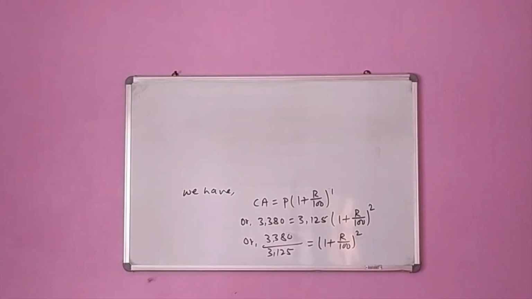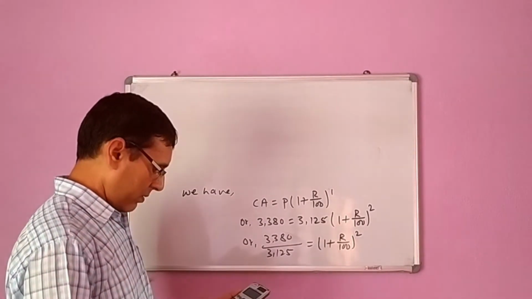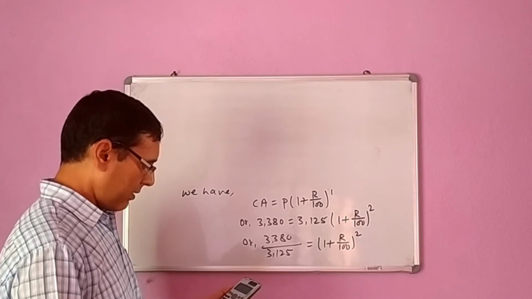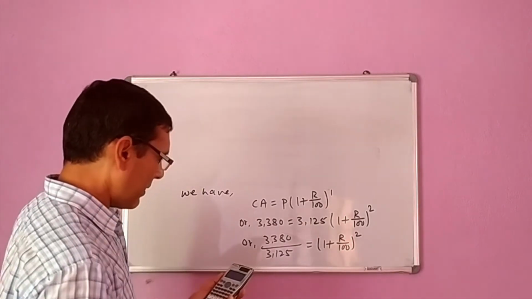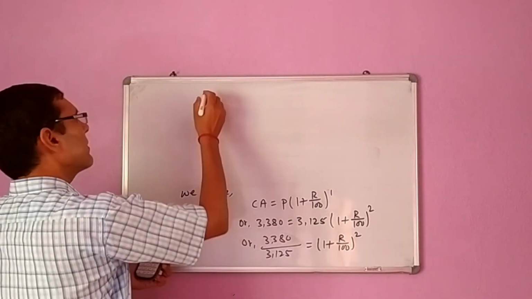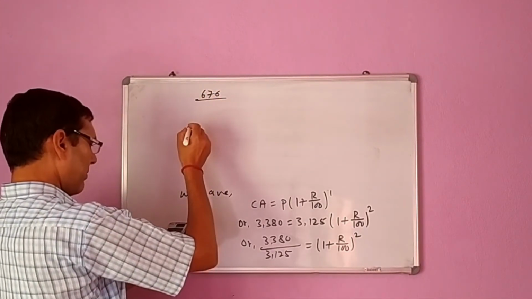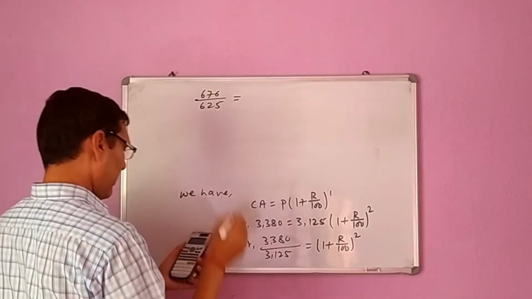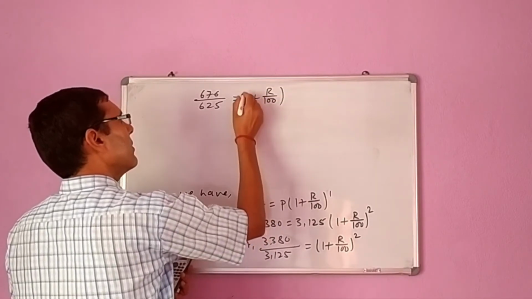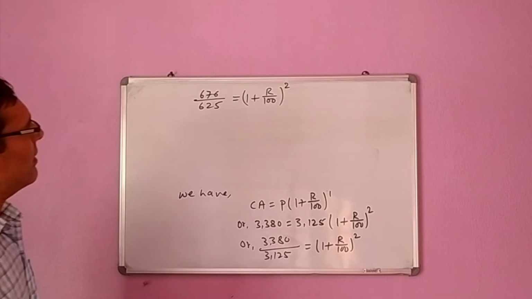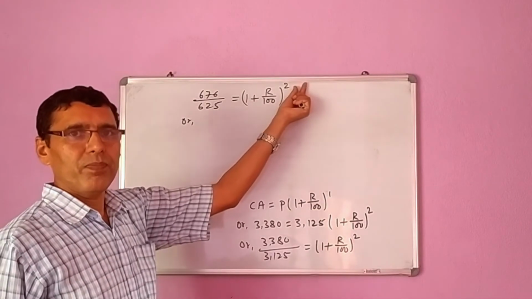Let's divide it. 3,380 divided by 3,125. We'll get this thing as 676 divided by 625 is equal to 1 plus R upon 100 to the power 2. At the right hand side, 1 plus R upon 100 has the power 2, a square.